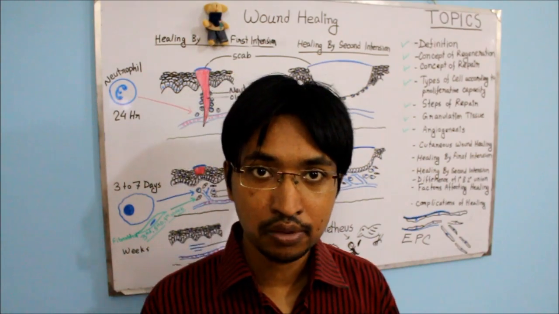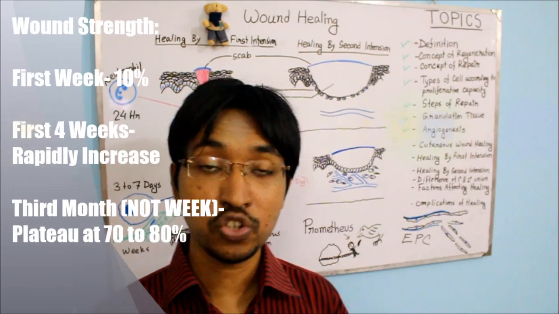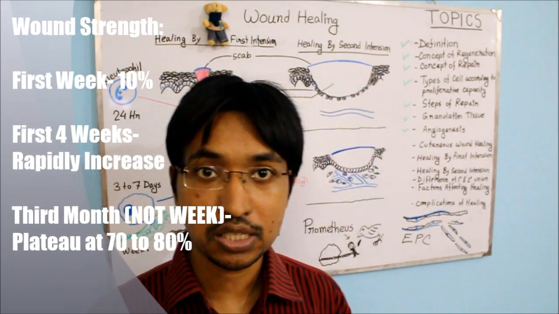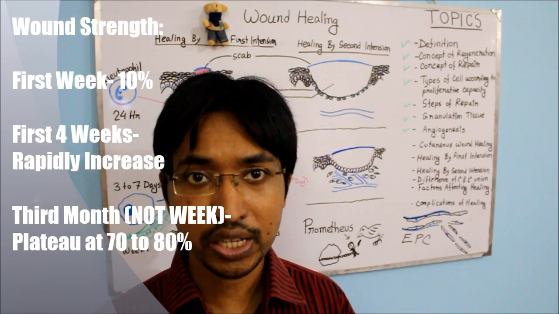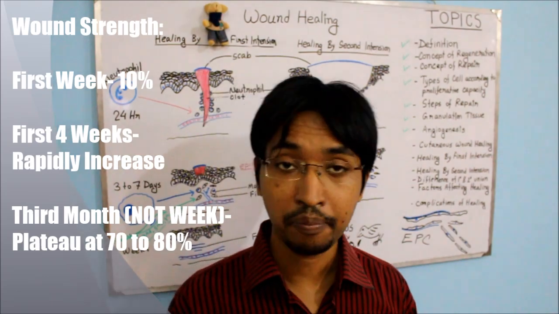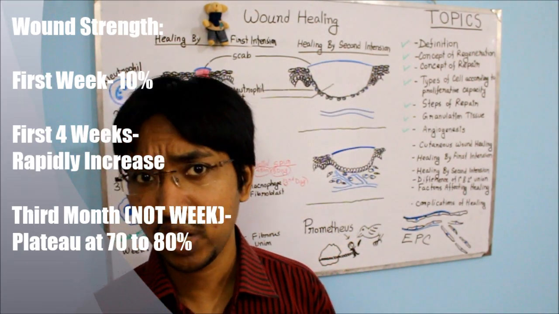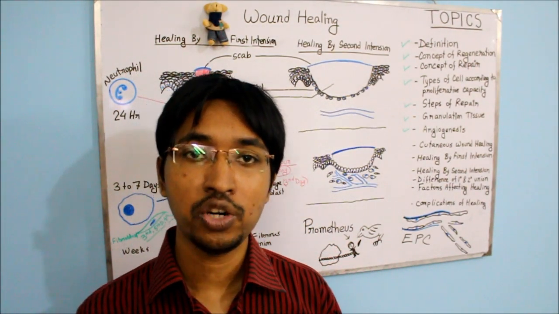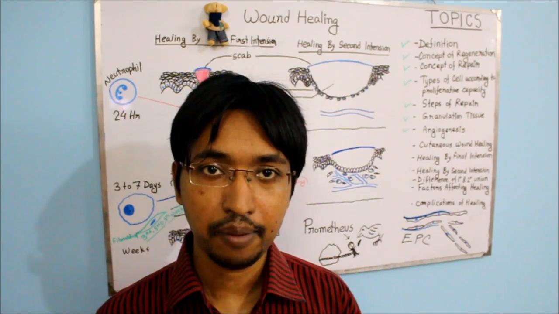And by the first week, 10% tensile strength of the original tissue is achieved, and then in the next 4 weeks there is a rapid progression of the strength, and by the third week a plateau has been reached and about 70 to 80% strength of the original tissue is achieved. So also remember those important percentages for your exam.